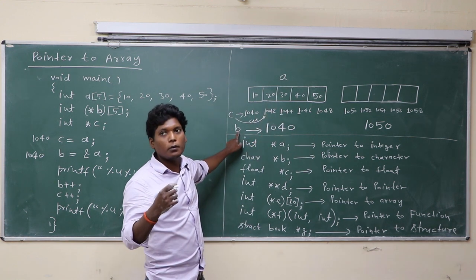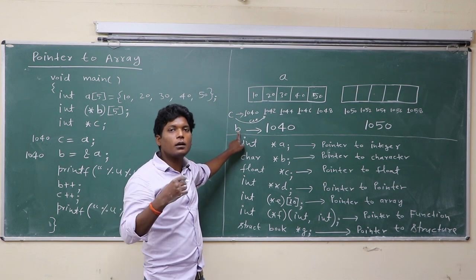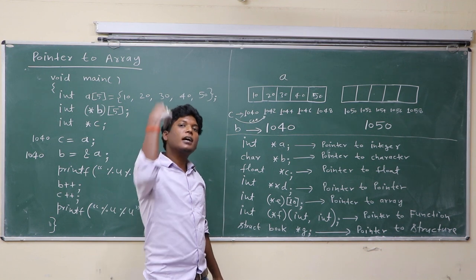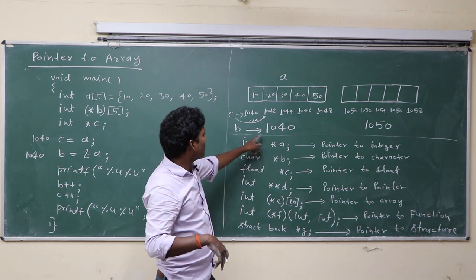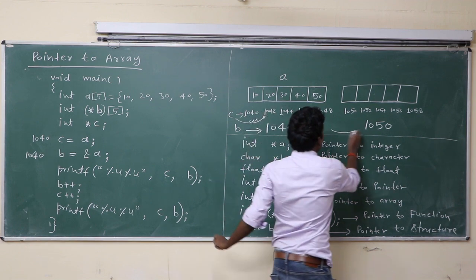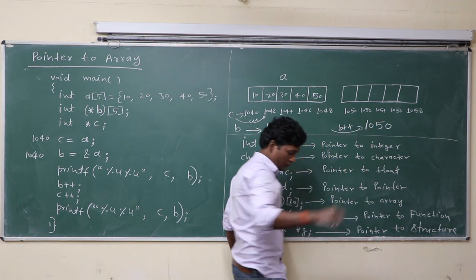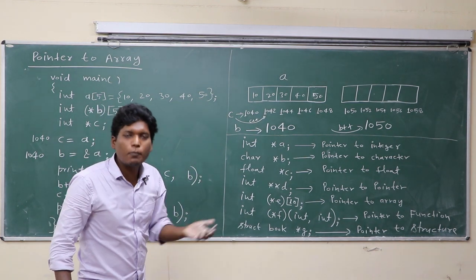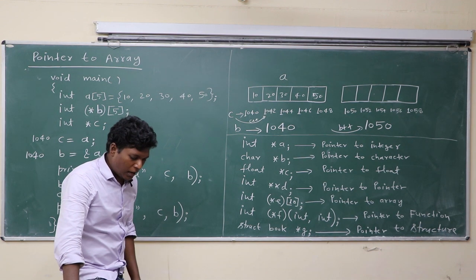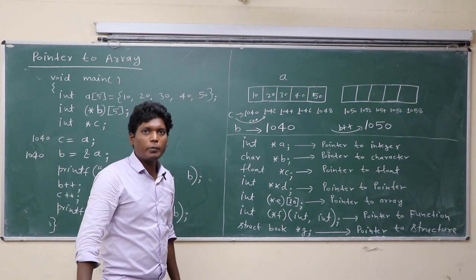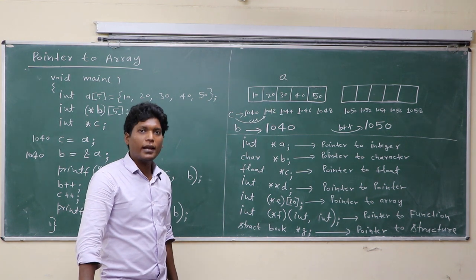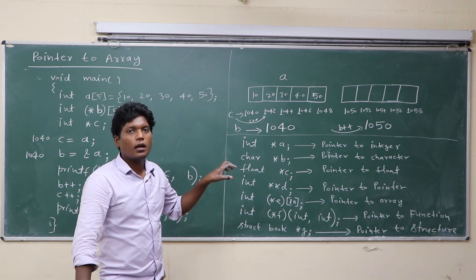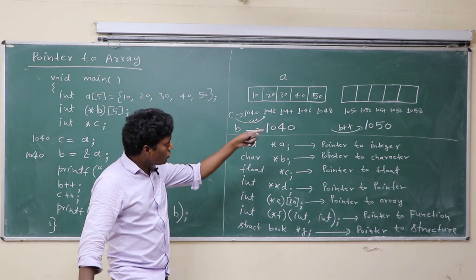But B is a pointer to an array, so when you increment it, it points to the next array of the same type. So B++ points here. Okay class?